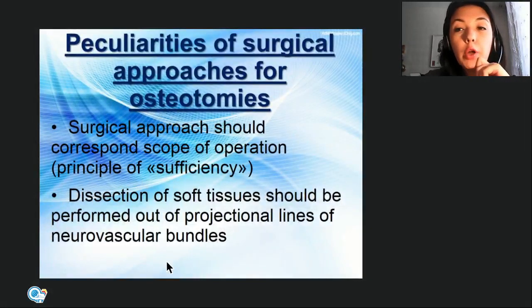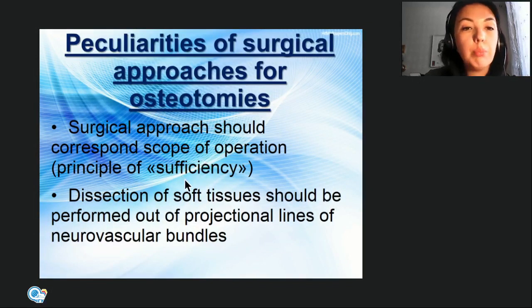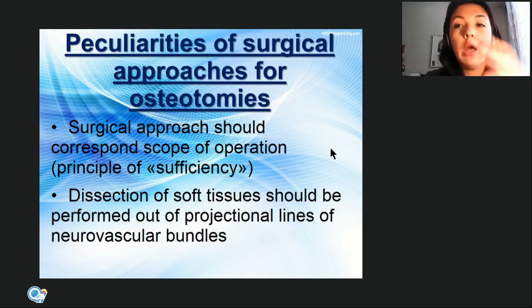So what are the requirements for surgical approaches for osteotomies? The surgical approach should correspond to the scope of operation. So, the principle of sufficiency. Actually, this principle works everywhere in surgery.